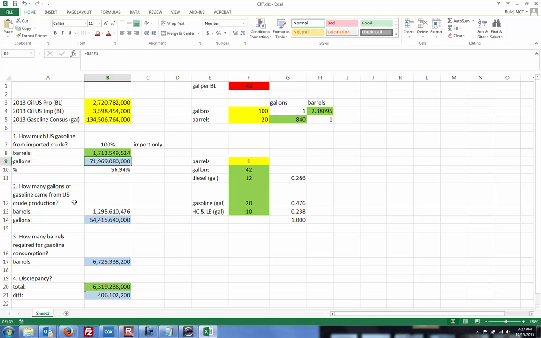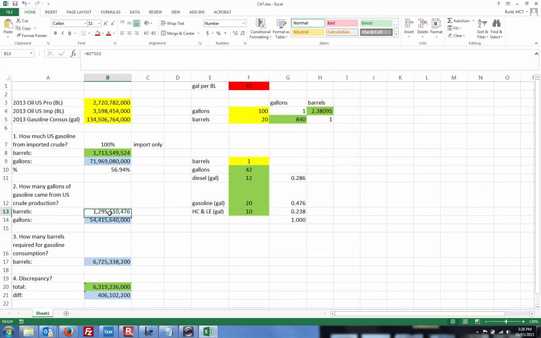All right, so now let's ask how many gallons came from the U.S. production rather than from crude. So right down here, what we've done is multiplied the U.S. production, which is in B3, by the fraction of that that's converted into gasoline. We'll just use that 47.6%.